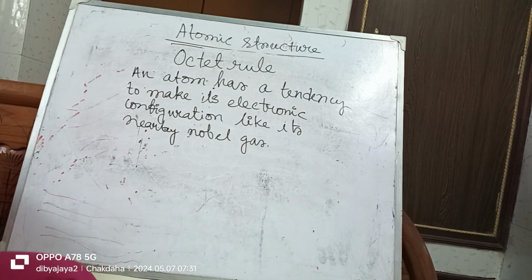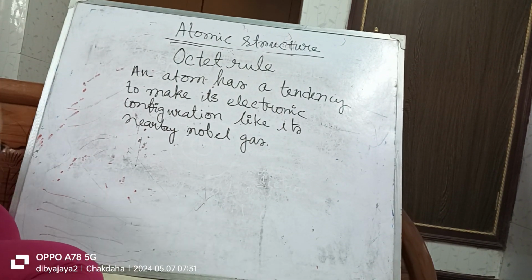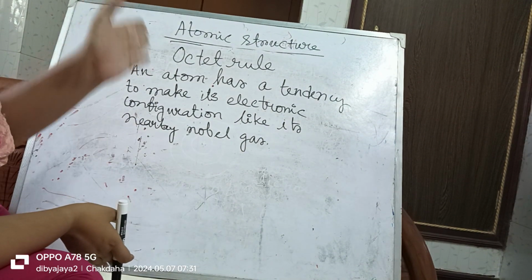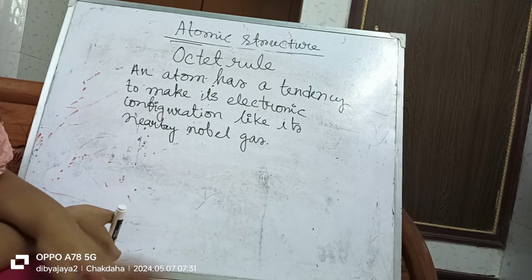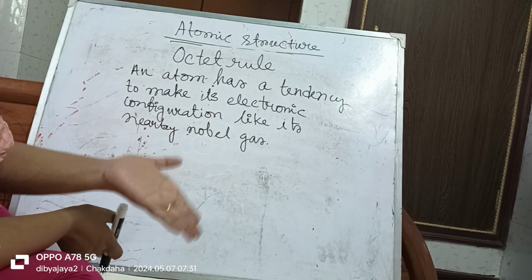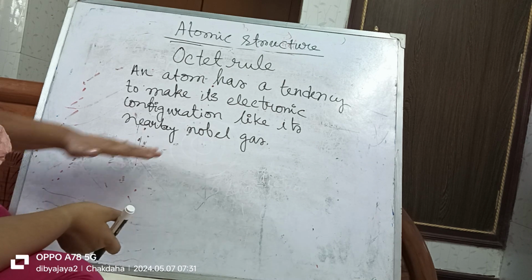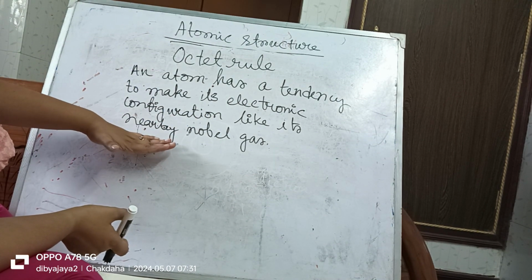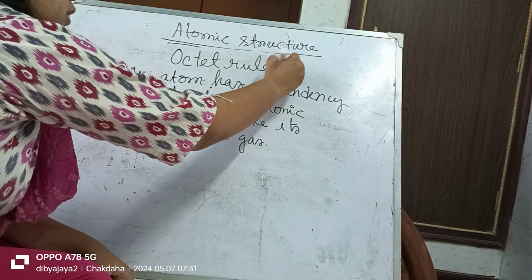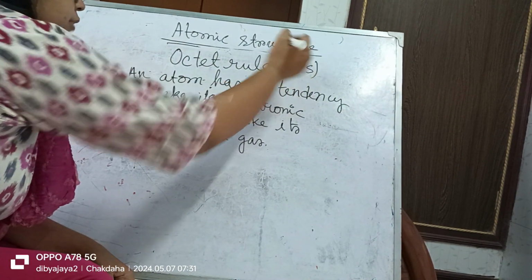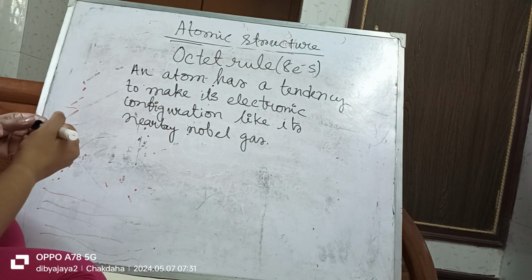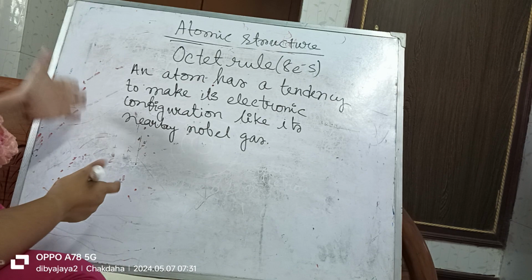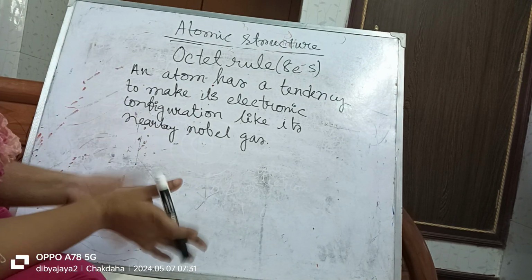Then they either mutually share their electrons, or someone will release electrons, or someone just accepts those electrons and fulfills their 8 electrons. Octet means they have 8 electrons in the valence shell, in the last shell. They fulfill this criteria and they will make the bonds.